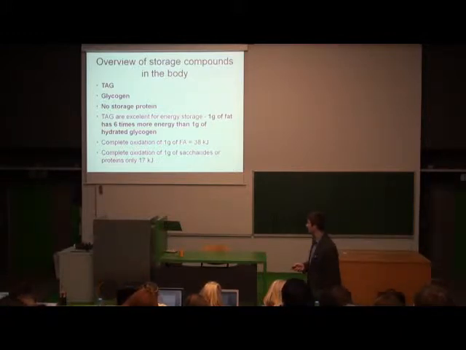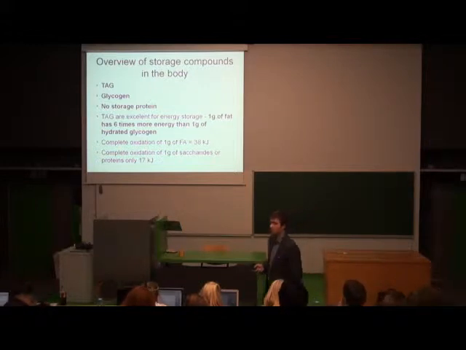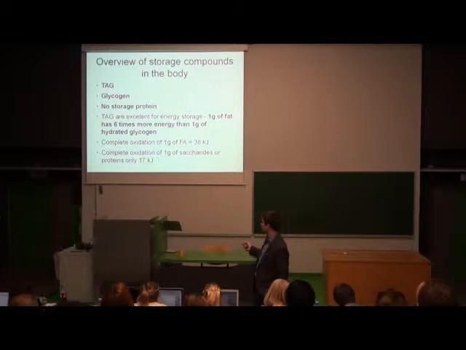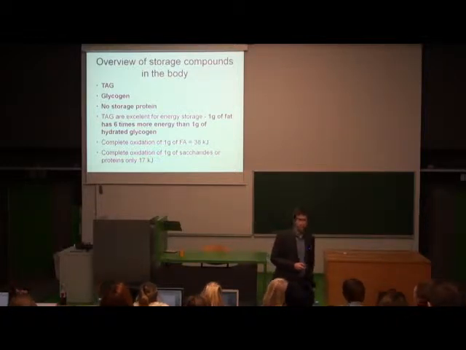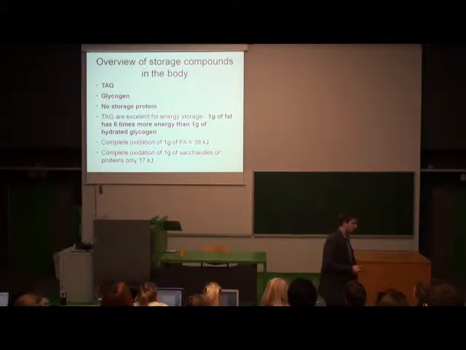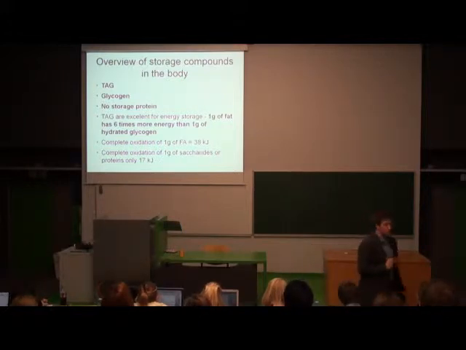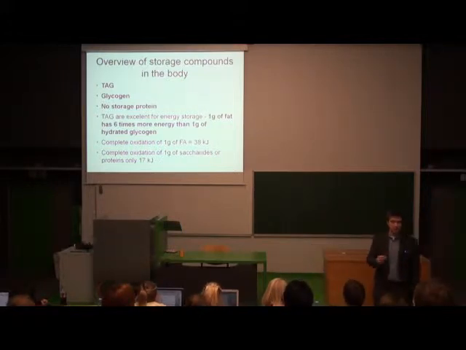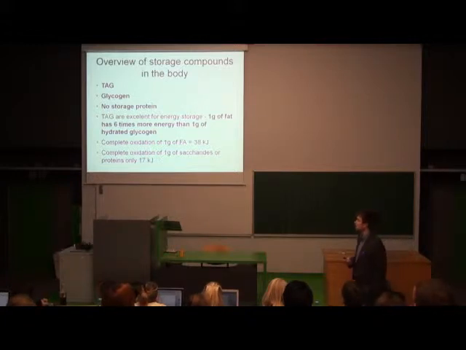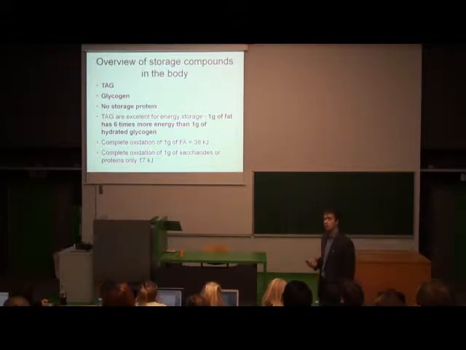Triacylglycerols are better energy storage. For in 1 gram of fat, you have 6 times more energy than in 1 gram of glycogen. For in 1 gram of glycogen, there is not only the saccharides, but also the water. For glycogen is a polar compound. It means it likes water.